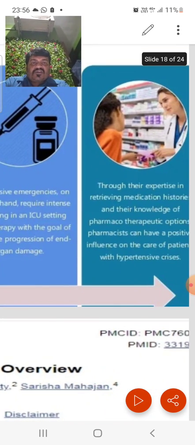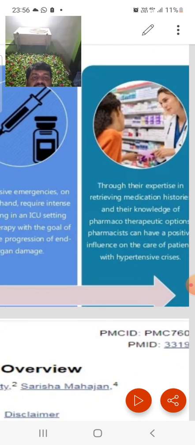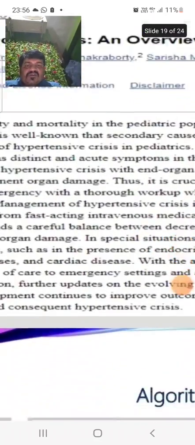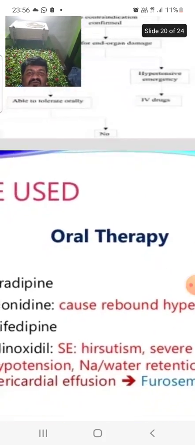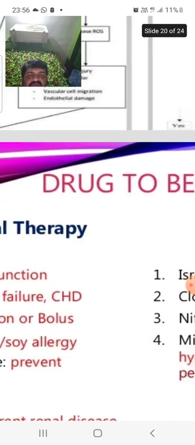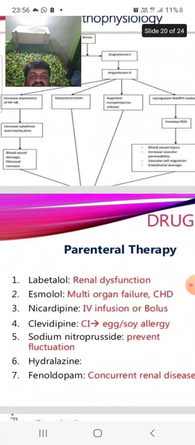Through their expertise in treating medication and the knowledge of the pharmacotherapeutic options, pharmacists can have a positive influence on the care of the patients in hypertensive crisis. So now, I will not go into the details, but the drugs to be used are oral or parenteral.